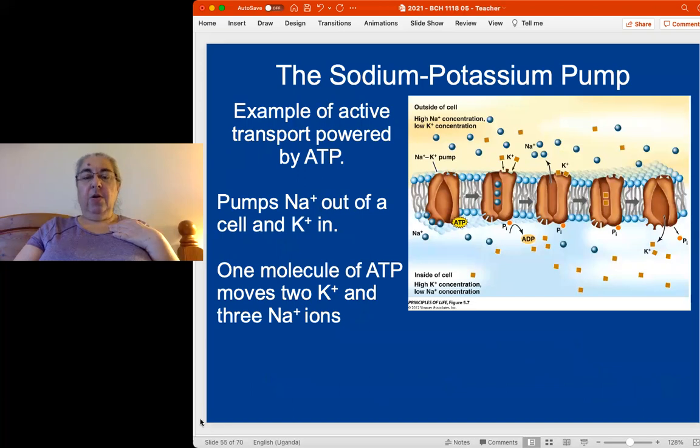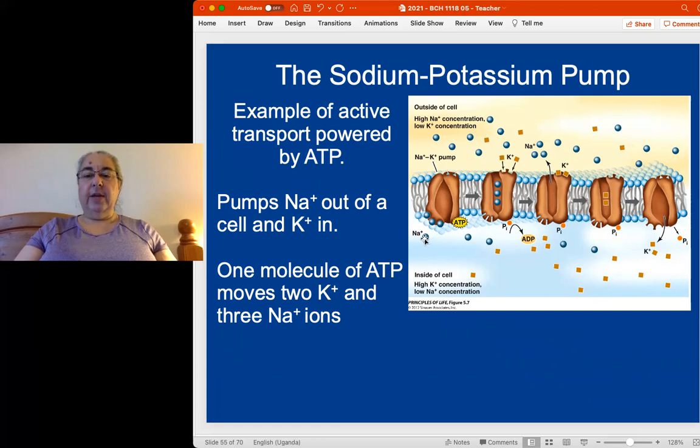I think that you'll already be familiar with the sodium potassium pump. I think that you will have looked at this in physiology. Very important in receiving signals, nerve signals, as sodium and potassium are pumped across a membrane. So this is an example of transport that's powered by ATP. And it pumps sodium out of a cell against its concentration gradient. So here is the outside of the cell, here is the inside.